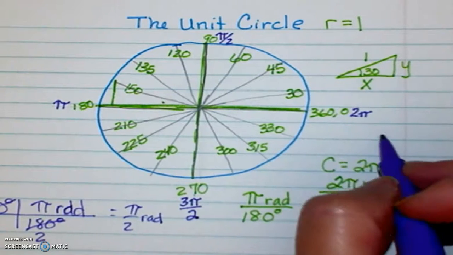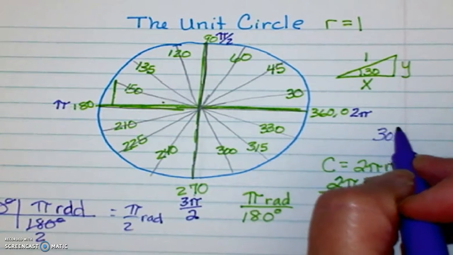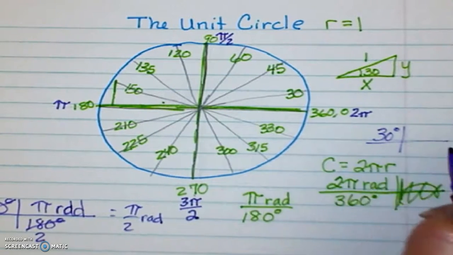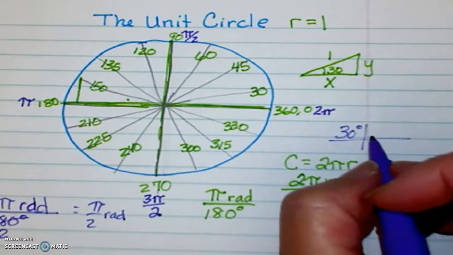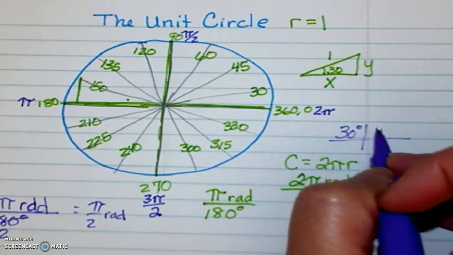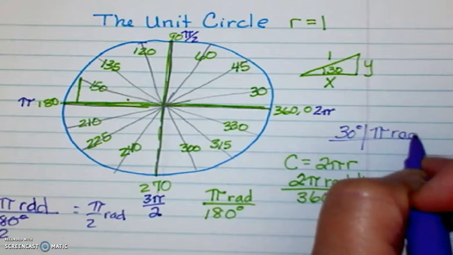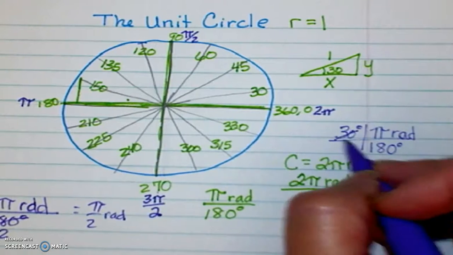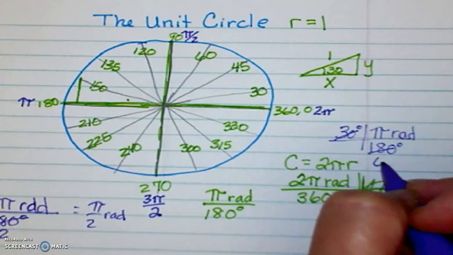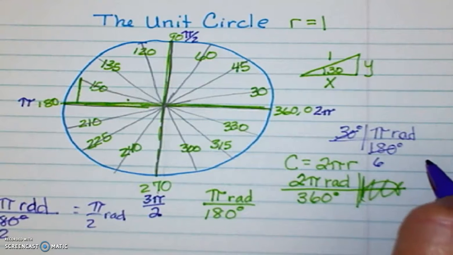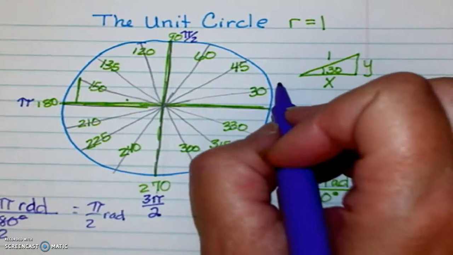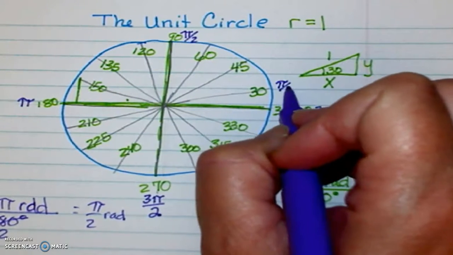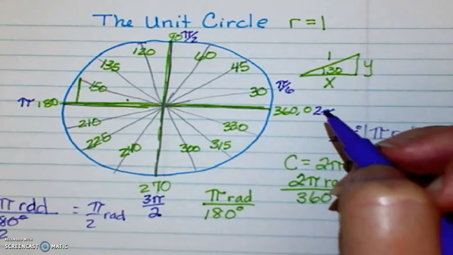Think about 30 degrees. If I want to know what that is in terms of radians, we have pi radians is the same thing as 180 degrees. 30 goes into 180 6 times, so 30 degrees is the same thing as pi over 6 radians.